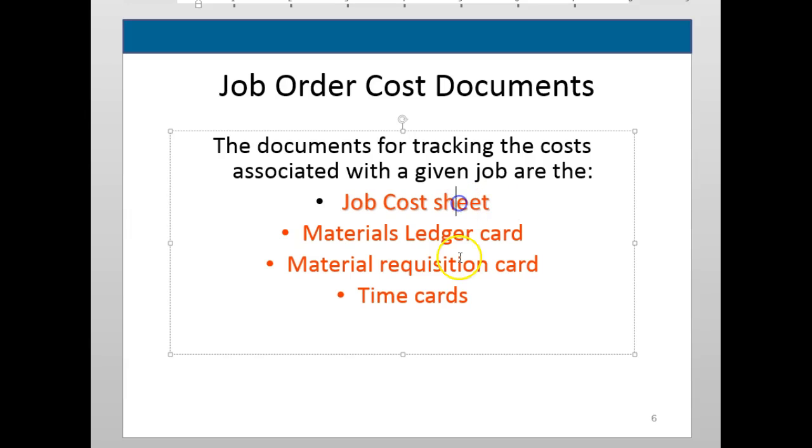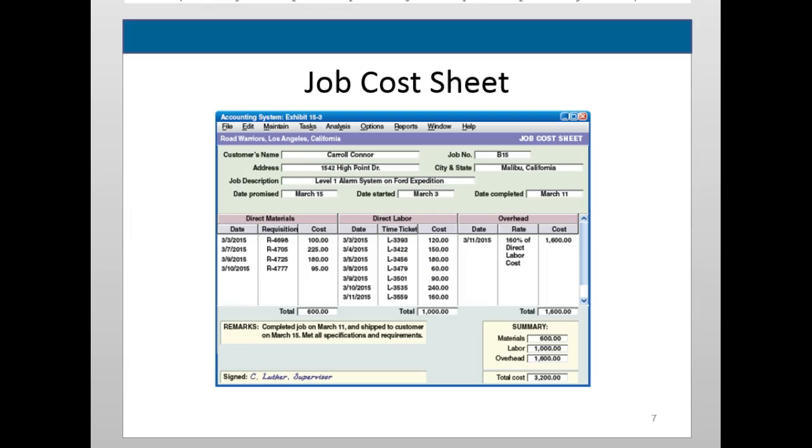So you have a job cost sheet, you have a material ledger card, you have a material requisition card, and you have time cards. Now, this keeps track of the cost, obviously. These two right here are going to look at materials, and this one looks at labor. So let's kind of look and see what these things look like.